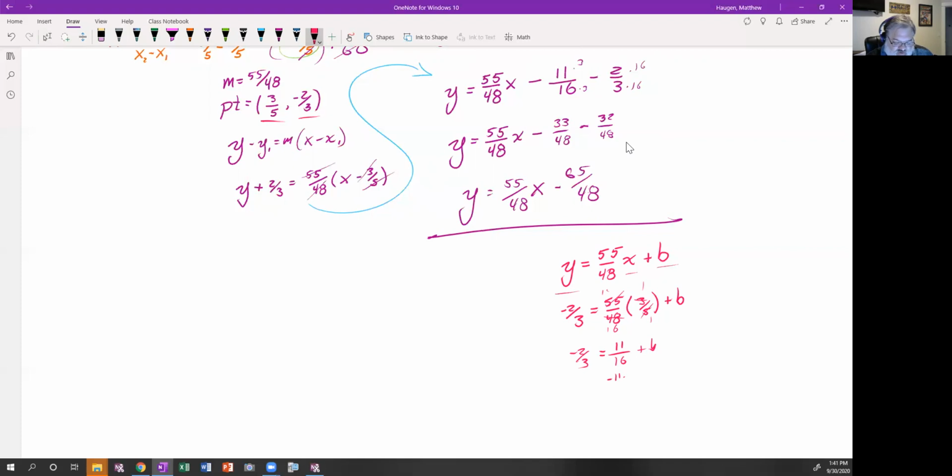We still have to subtract the 11/16, so we still have -2/3 minus 11/16 equal to, well, what's going to be the b? Let me write that nicer. -2/3 minus 11/16 equals our b.